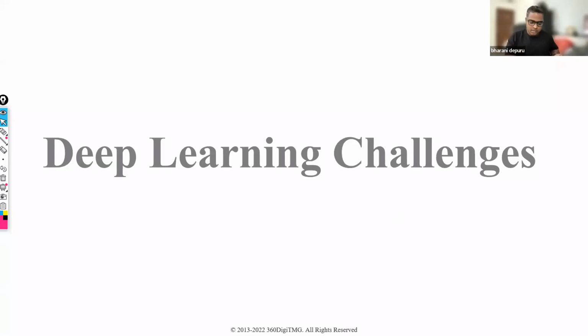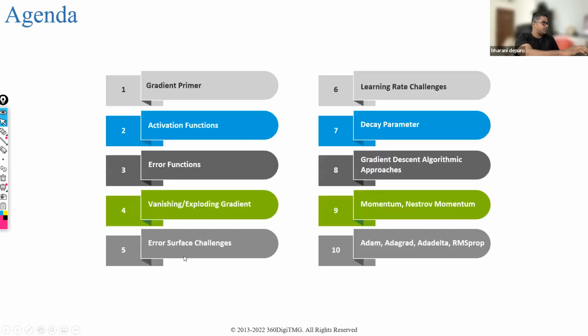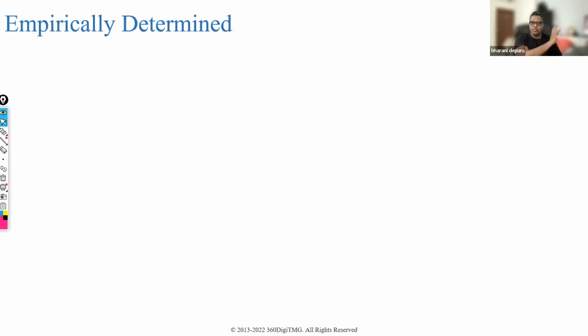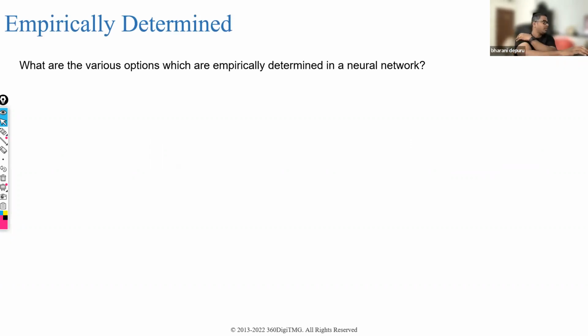Now let us enter into the zone of deep learning challenges. We will talk about a lot of amazing things as part of this. So I'm just skipping that agenda because a few things we have already covered. What are the various things which are empirically determined? Empirically means randomly determined, right?